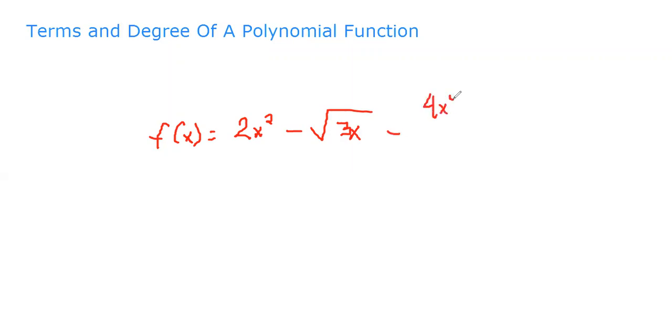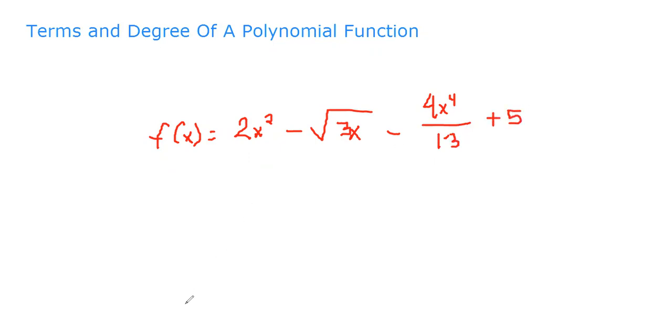So, our number one example. If we have here this example, f of x is equal to 2x squared minus the square root of 3x minus 4x to the fourth over 13 plus 5.